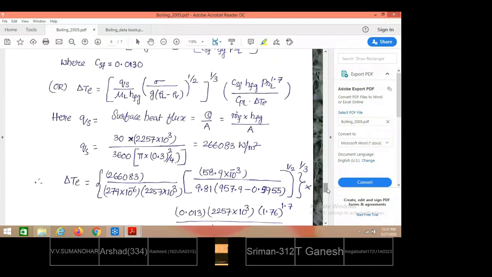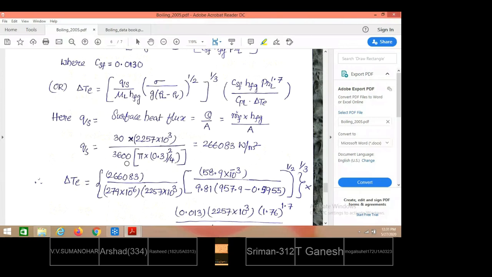Therefore, I can get the heat flux value, that is heat transferred per area through which the heat is transferred. The area is the bottom surface of diameter 30 centimeters, so the area is pi d square by 4, where the diameter is 0.3.